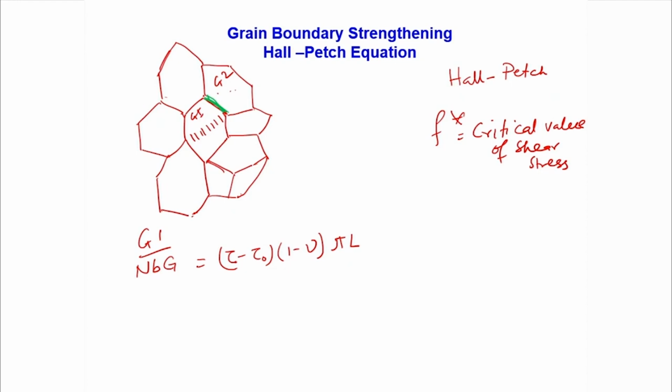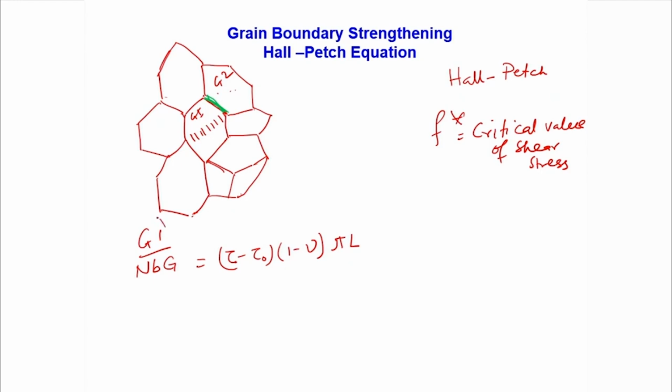So those things, if you take out from the total shear stress, that gives you the shear stress which is operating because of what? Because of the dislocation pile-up. So that tells you the shear stress for this dislocation pile-up only, which you are discussing.